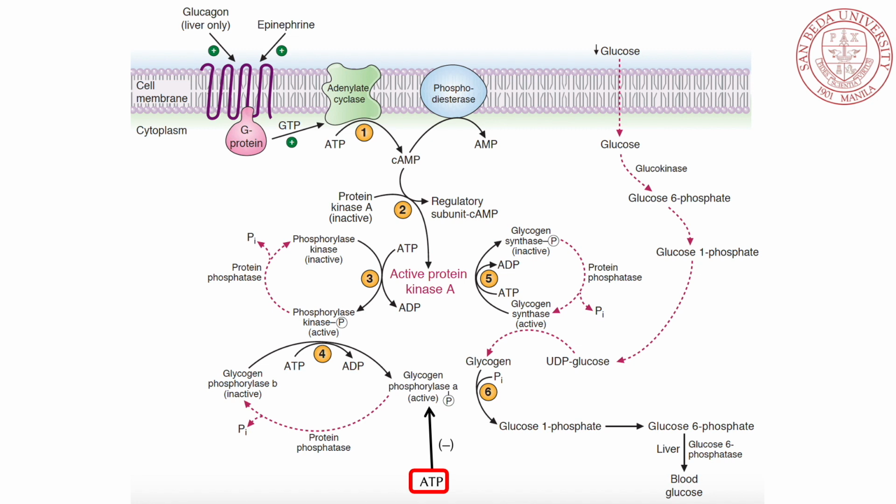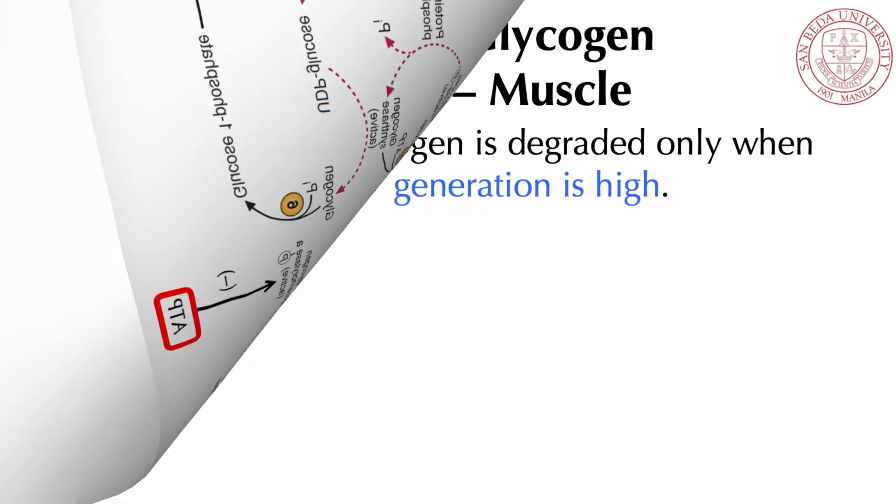So at that point, there will be no need for glycogen phosphorylase to cleave off more glucosyl units from glycogen to produce ATP. Similarly, when there's already enough glucose-6-phosphate and free glucose molecules that can be channeled to energy-producing metabolic pathways, there is no further need for glycogen phosphorylase to cleave more glucosyl units from glycogen for the moment.